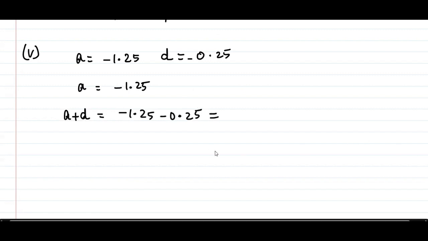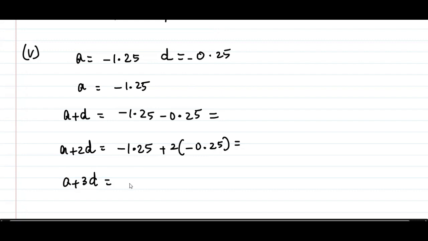Then A plus 2D, -1.25 plus 2 into -0.25, then A plus 3D, which is -1.25 plus 3 times -0.25.